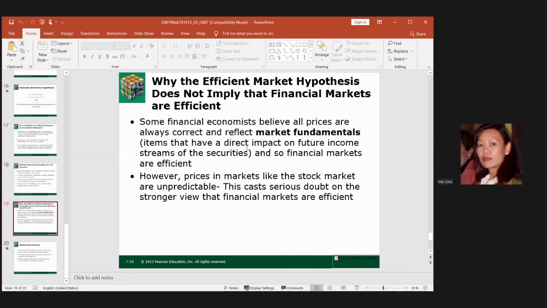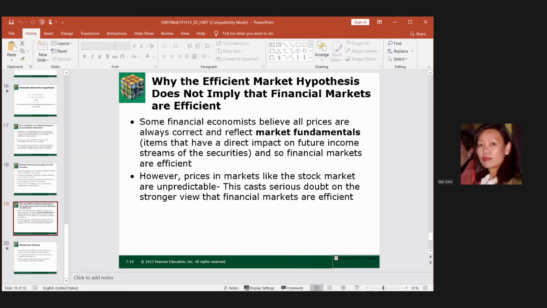So those people believe the market is efficient. They believe you cannot make an abnormal return, because all information is correct and already priced in, which means the market is never wrong. So you have nothing you can do, just follow the market. That's one camp in financial economics that believes the market is efficient.